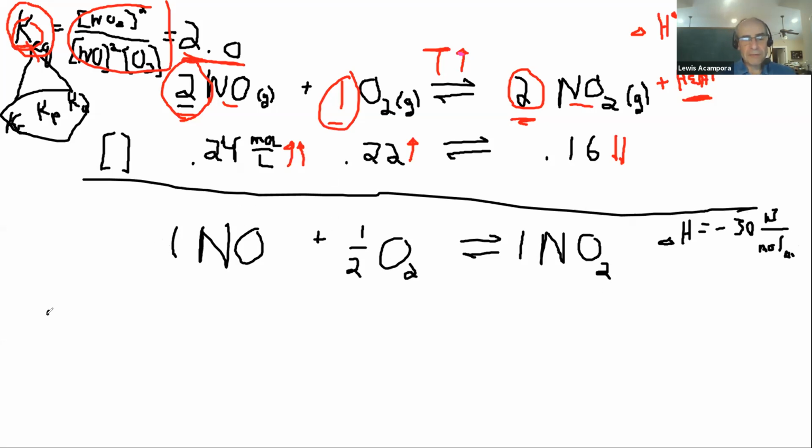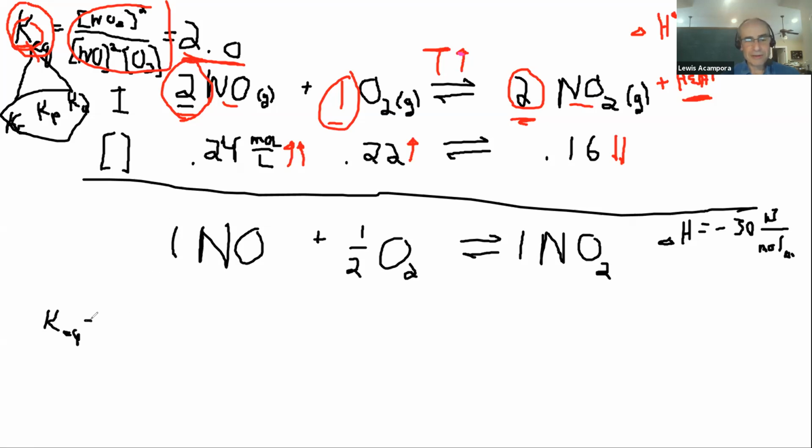What would the value of the equilibrium constant for this reaction be? Well, if I took this expression from the first reaction, I'll put a Roman numeral 1 here. For the second reaction, I would have the same thing, except all the coefficients would be half as big. So I'd have NO2 to the first over NO to the first times the square root of O2.